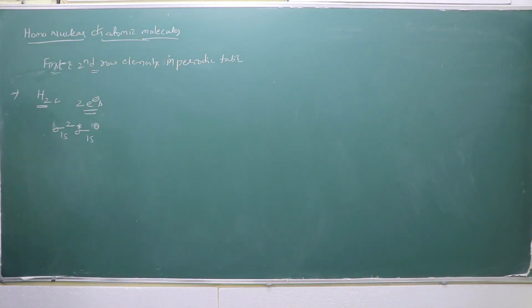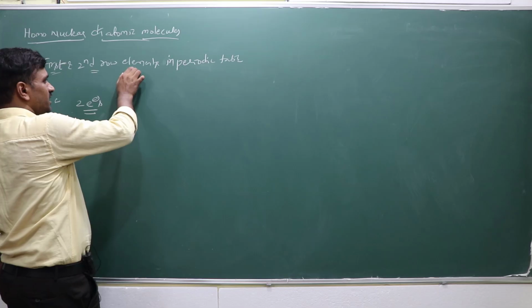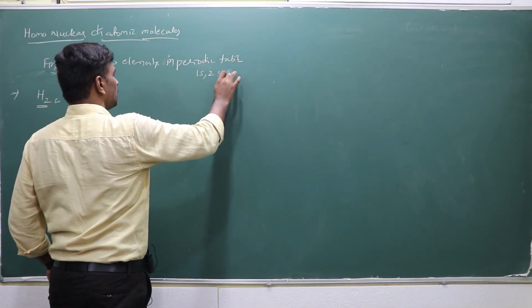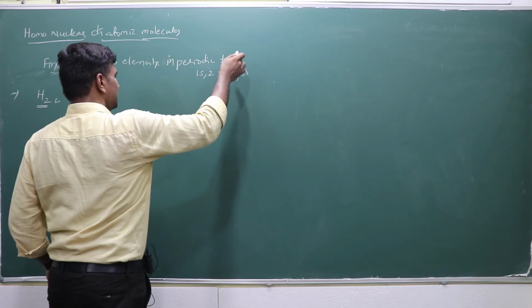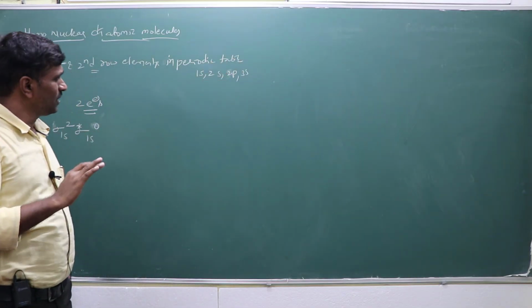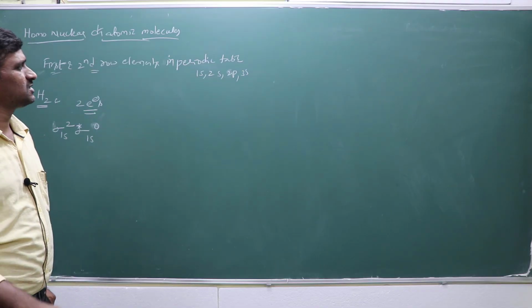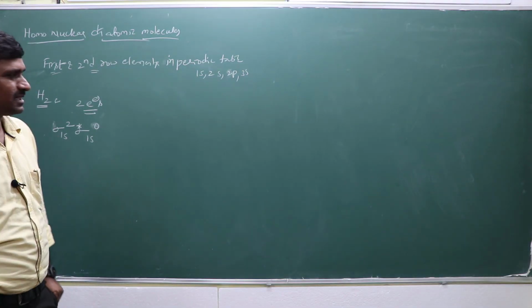So pi star and sigma star are anti-bonding molecular orbitals. While considering the first row, second row case, what atomic orbitals do we have to consider? 1s, 2s, 2p, like 3s, 3p like that, right?